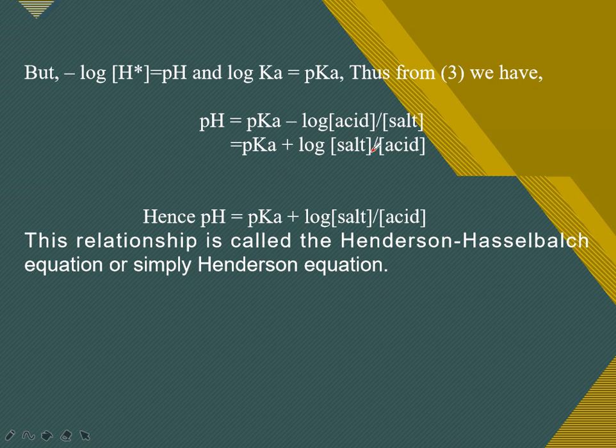We are taking the salt in the numerator and the acid in the denominator. Hence pH is equal to pKa plus log of the concentration of salt divided by the concentration of acid. This relationship is called the Henderson-Hasselbalch equation, or simply the Henderson equation.